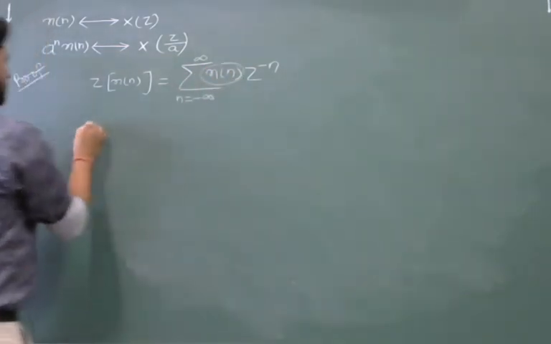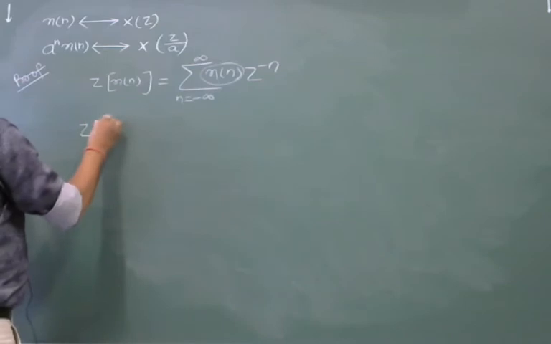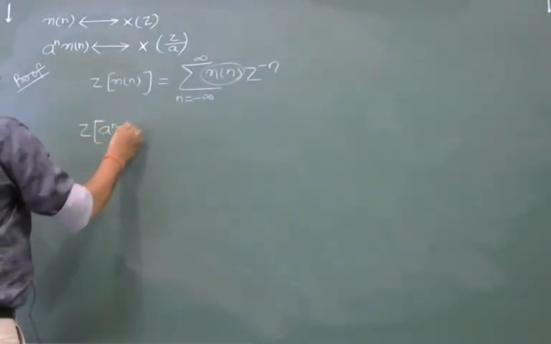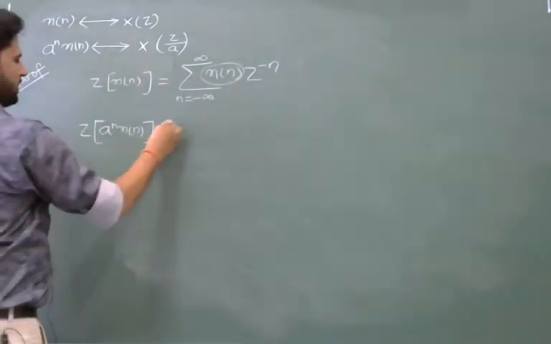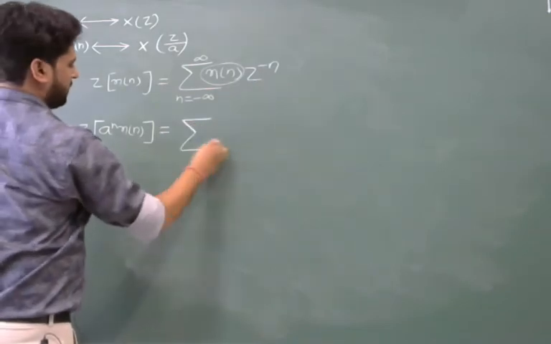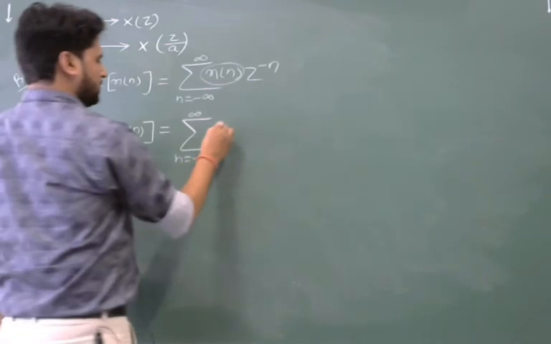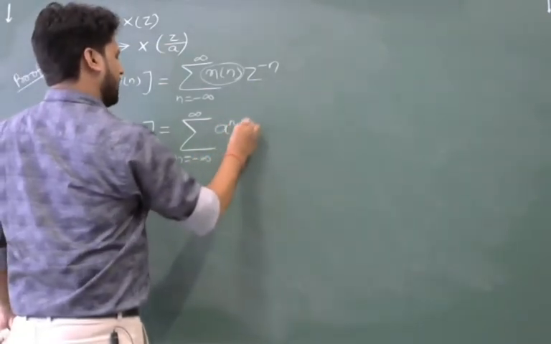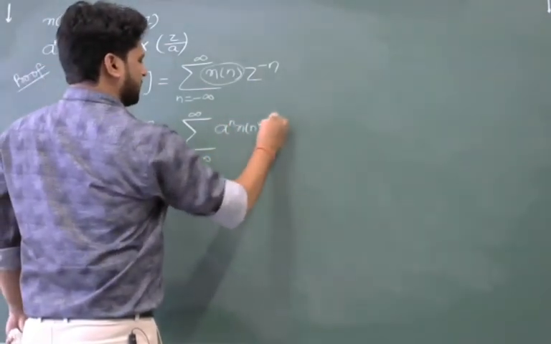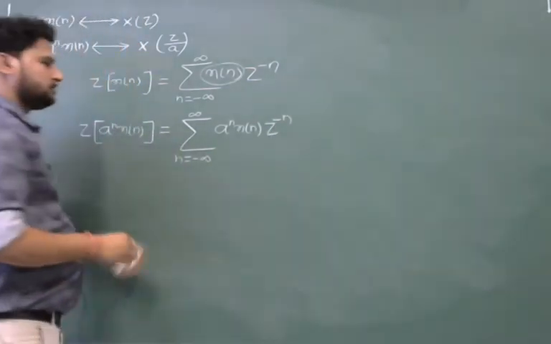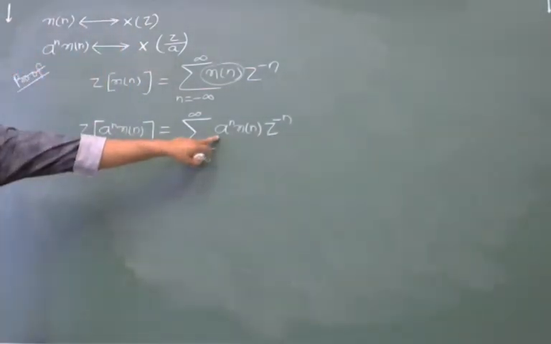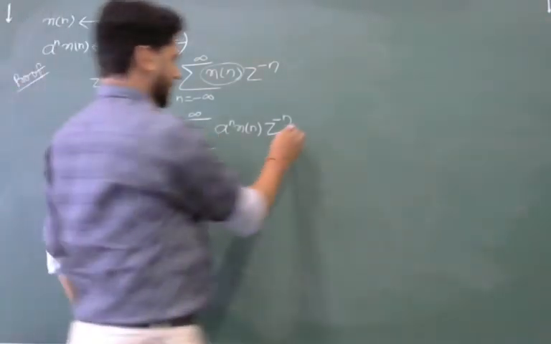So the z transform of a power n x of n will be equal to sigma n from minus infinite to plus infinite a power n x of n into z power minus n, or we can write it as 1 upon a power minus n.